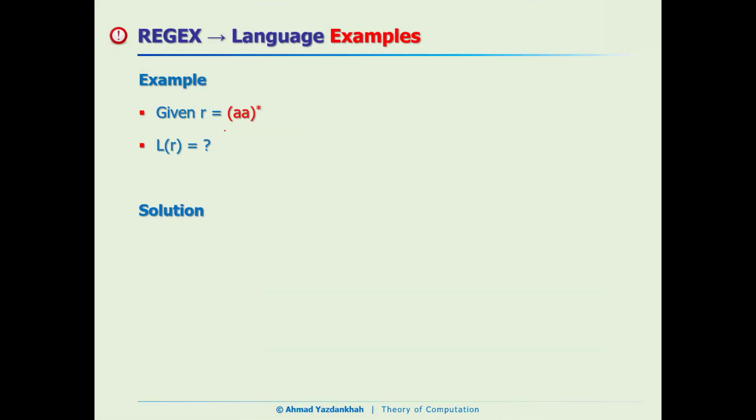This one is saying (AA) star. What does it mean? Zero or more concatenation of AA. Here is my understanding of the language: zero concatenation of the AA is the empty string, one concatenation will be AA, two concatenation will be AA AA, and I'm sure that you guess what we are looking for now: an even number of A's.